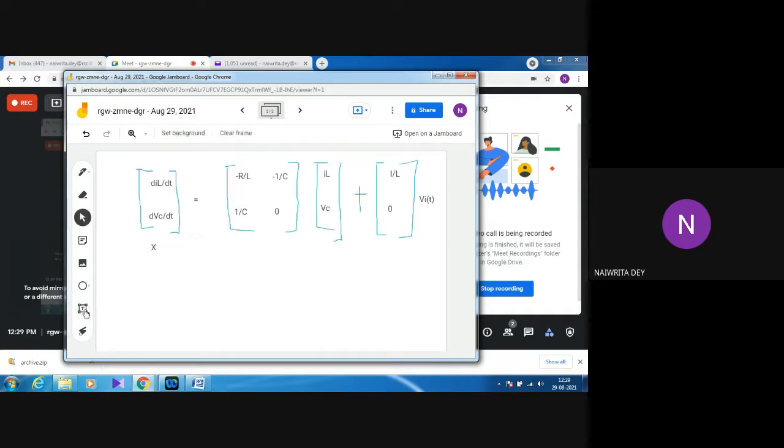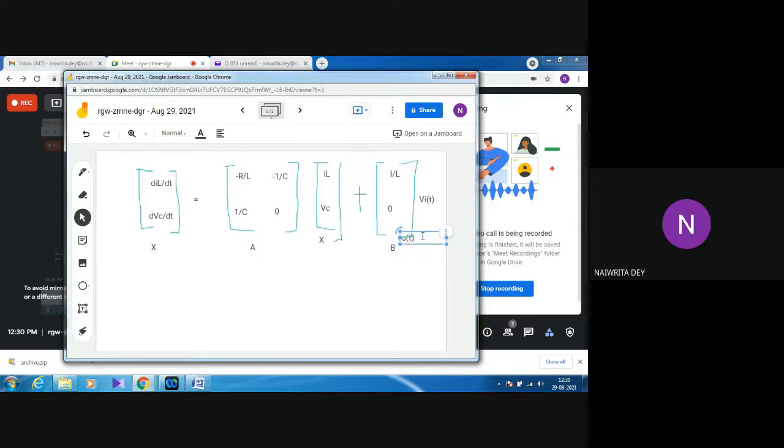So this is X, this is our A, this is again X, this is our B matrix, and this is our U, basically u(t).